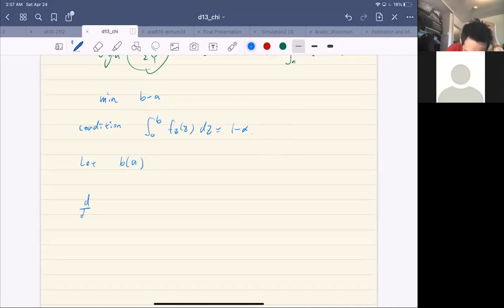So d/dA of the integral from A to B(A) of f(z) dz.